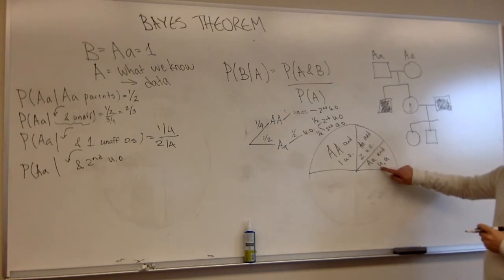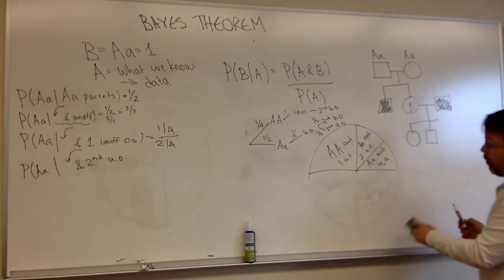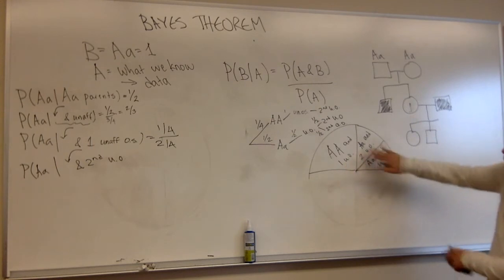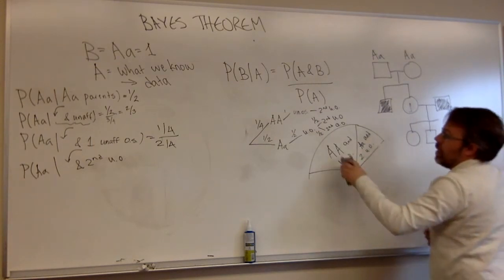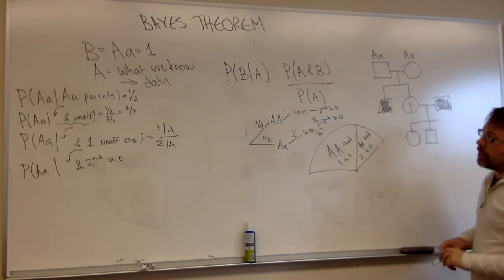So we can write that as U, comma, A. Which of these can we erase? Both offspring are unaffected, so that works here and here, but not here, so we erase this one. Similarly, with our other path, it doesn't work here, so we erase this one.